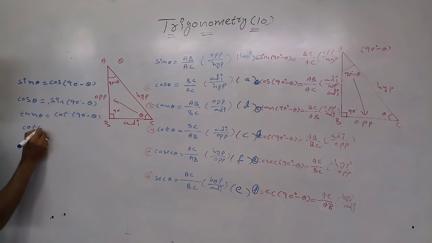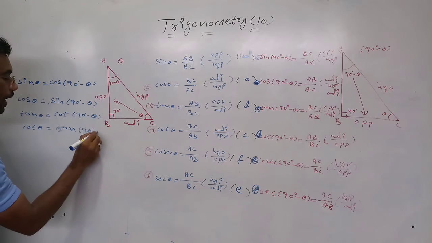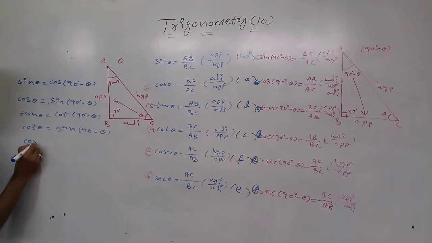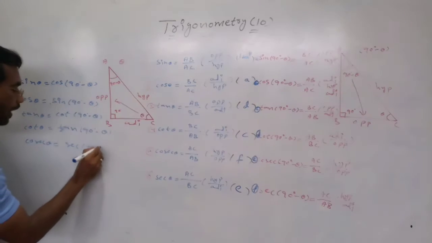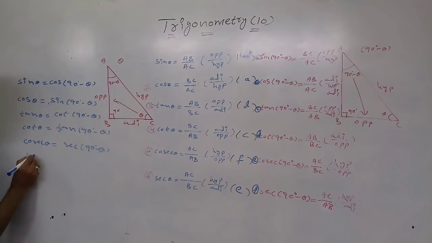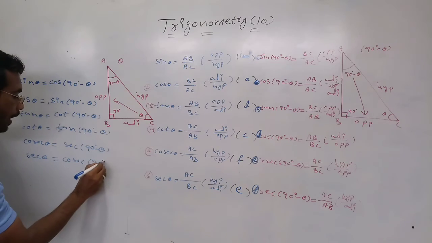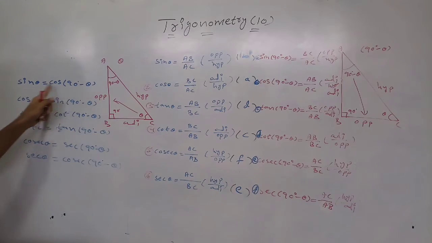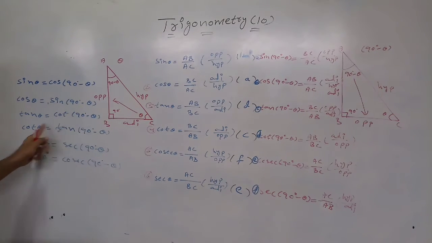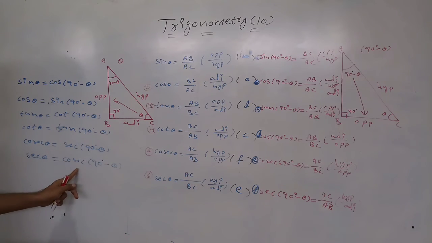Then cot theta is equal to tan 90 minus theta. Then cosec theta is equal to sec 90 minus theta. Then sec theta is equal to cosec 90 minus theta.